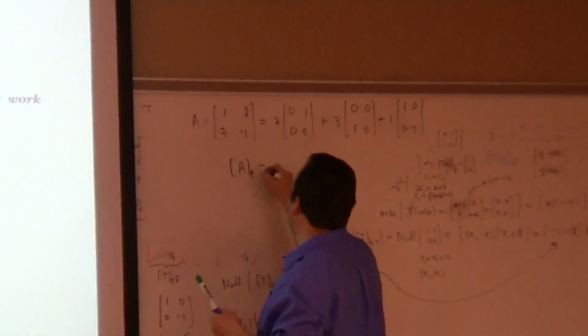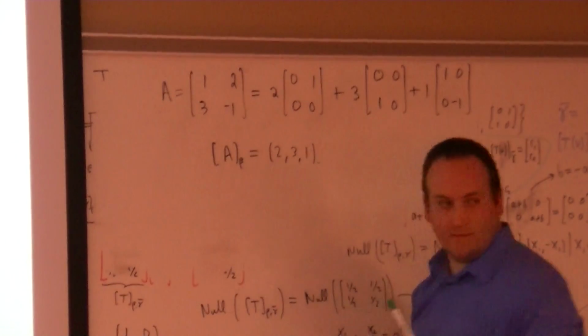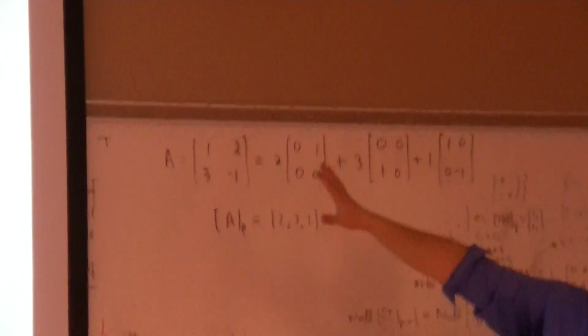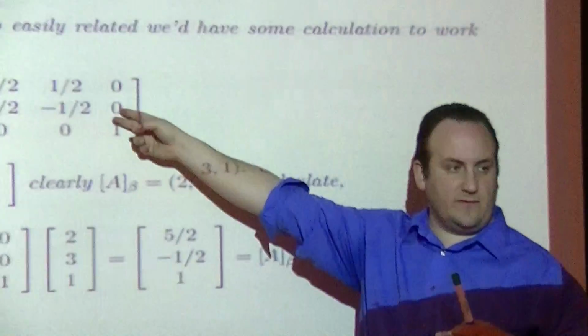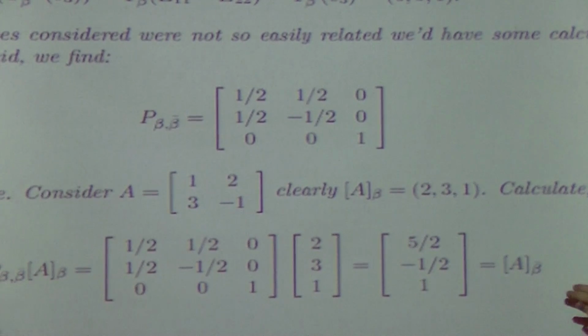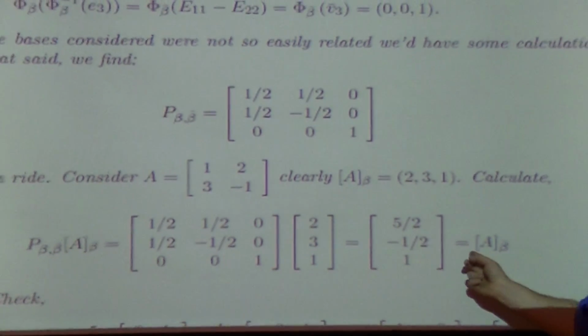So for that reason, the coordinate vector of A with respect to beta is 2, 3, 1. Right? Now I'm claiming, if you trust the math, that this is the change of basis matrix, I mean the change of coordinate matrix. It's called the change of basis matrix, but if I multiply this, I get 5/2, minus 1/2, 1. That's supposedly A with respect to the beta bar system.